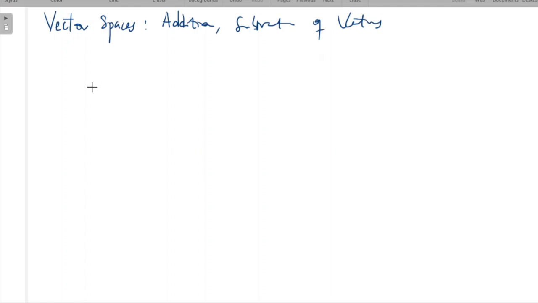But what if you want to measure the length of a vector? What if you want to calculate the angles between two vectors? What if you want to know the distance or how far apart two vectors are? Then you need other rules. That is where the idea of norms and inner product comes in.